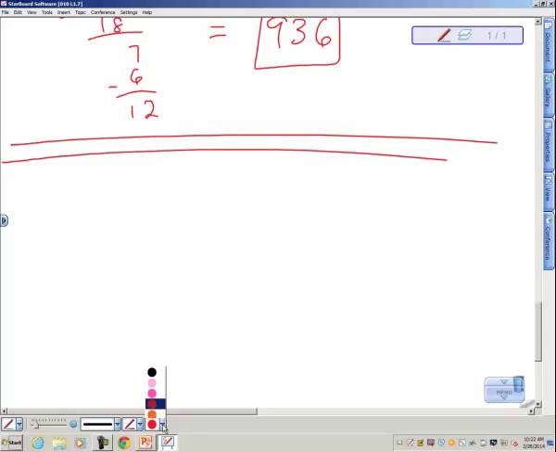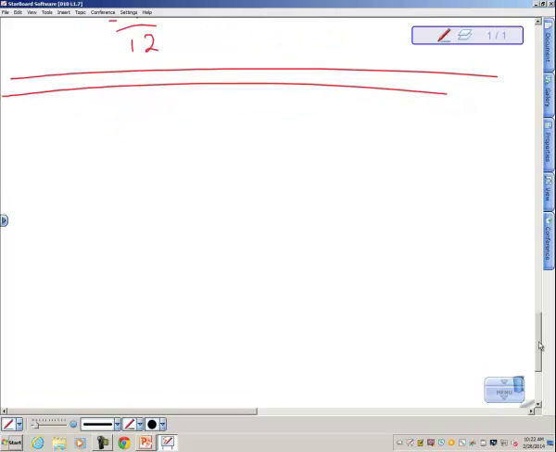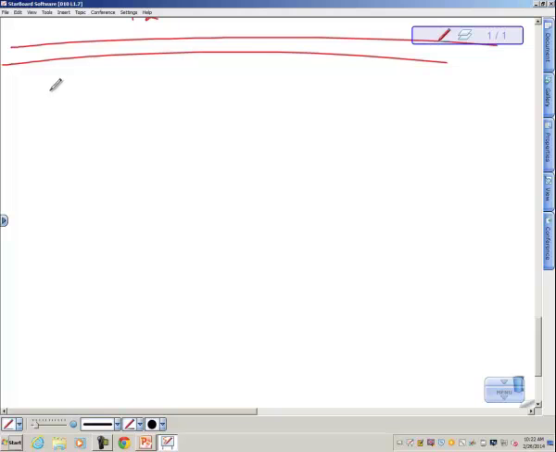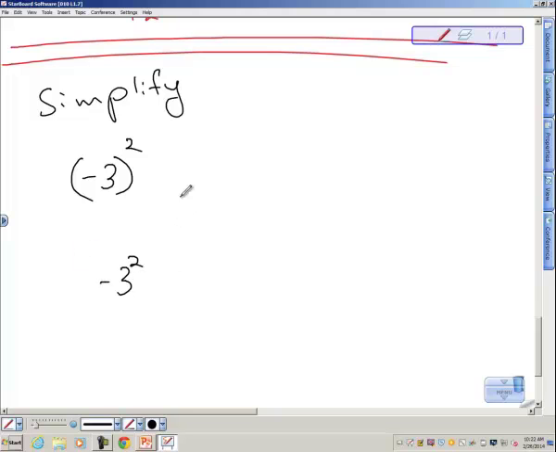Now, let's take a look at some of the homework problems that historically people have trouble with, with exponents. And here we want to simplify, and here we have 2 types of problems. One is negative 3 in parentheses squared, and the other one is negative 3 squared, no parentheses.